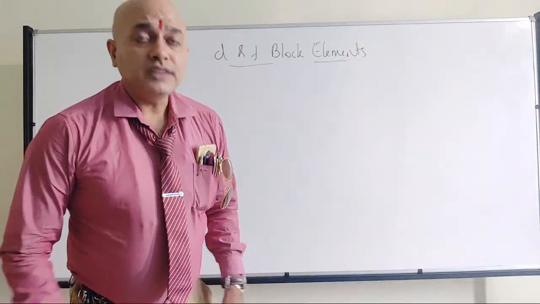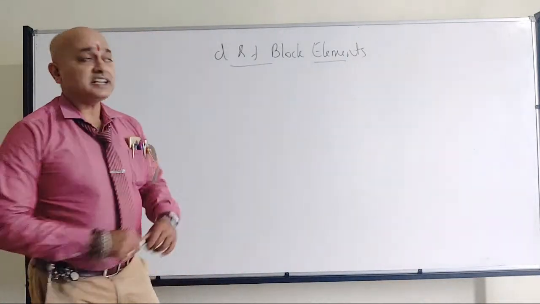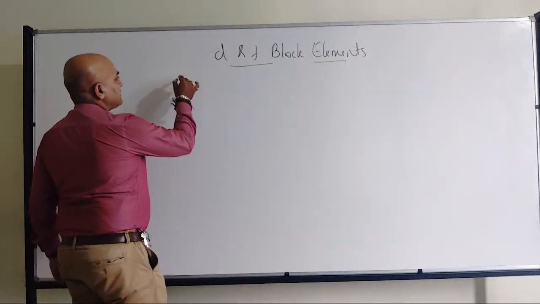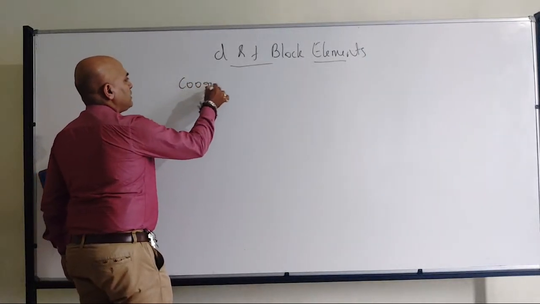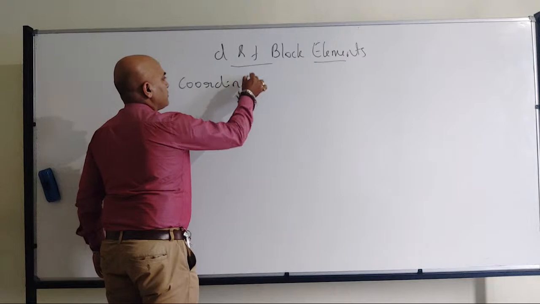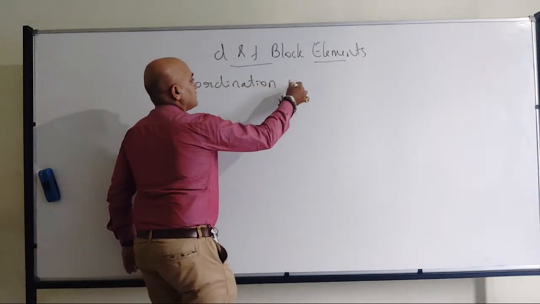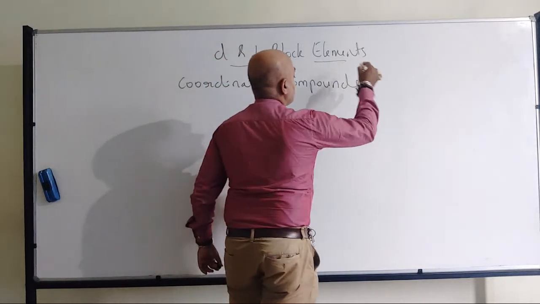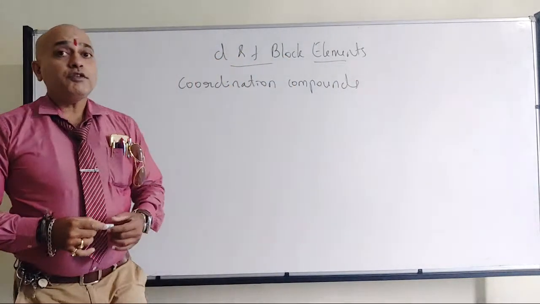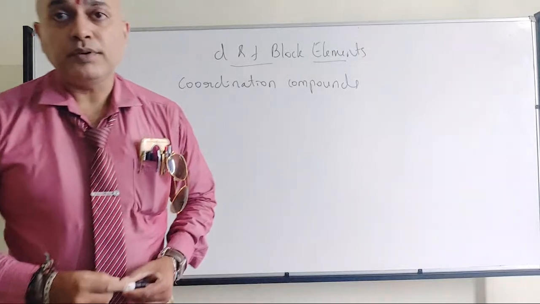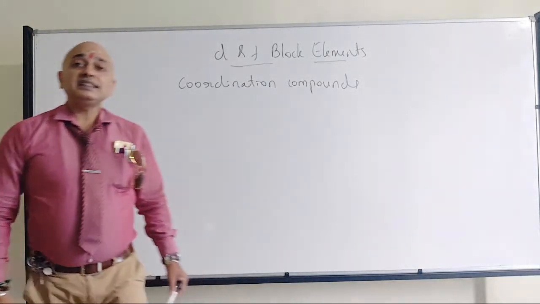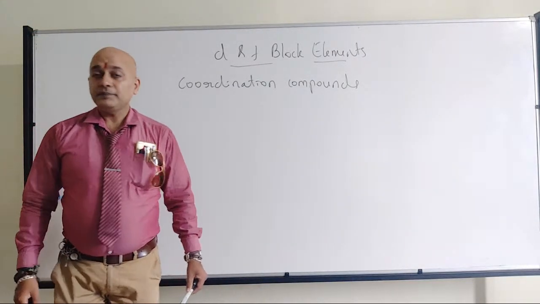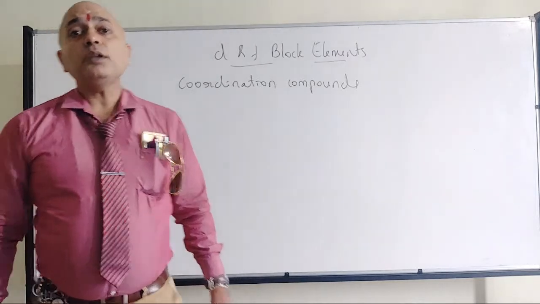Okay, so now we will move to the next one. All of you have discussed coordination compounds. Now if you observe these compounds, definitely there will be a metal and a non-metal.